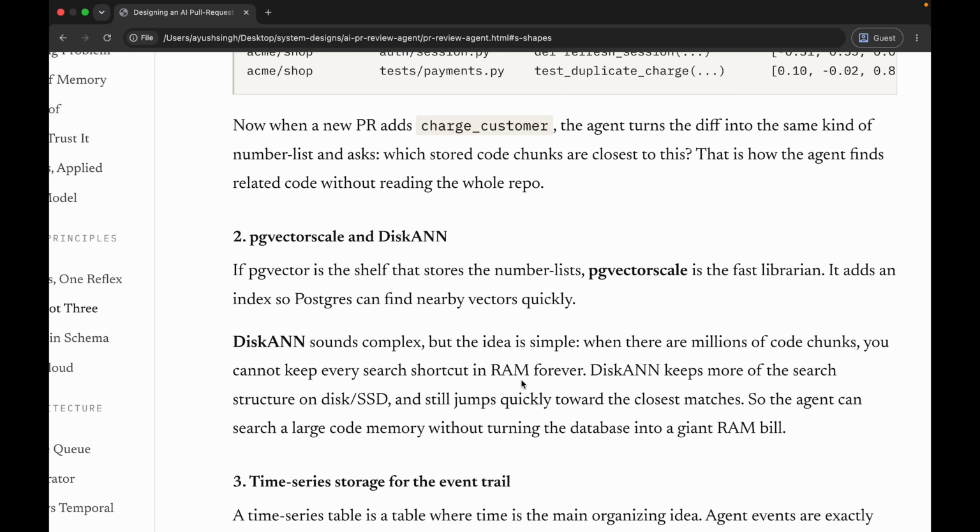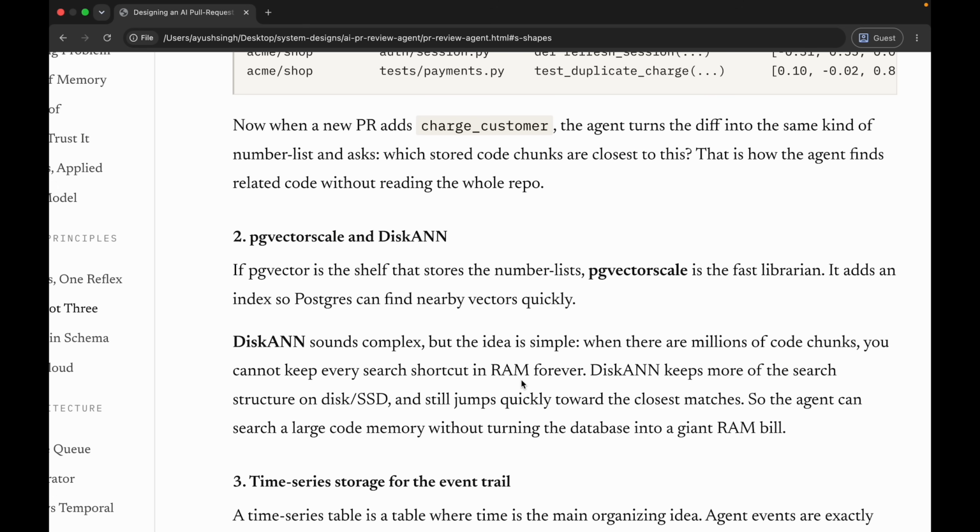Then we are adding the DiskANN. It sounds complex, but when there are millions and millions of code chunks, you cannot keep every shortcut in the RAM forever. What DiskANN does is give the search structure on the disk and SSD itself, and still helps you quickly get to the closest matches.